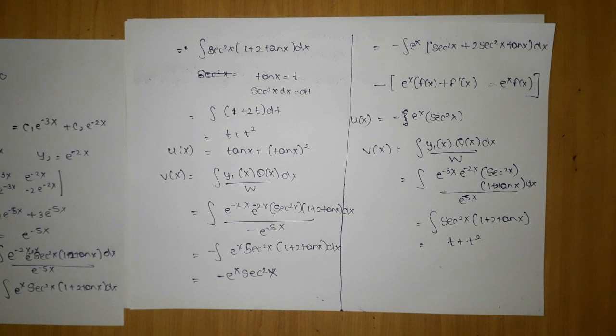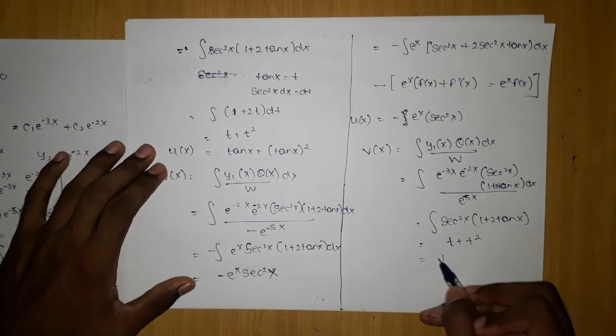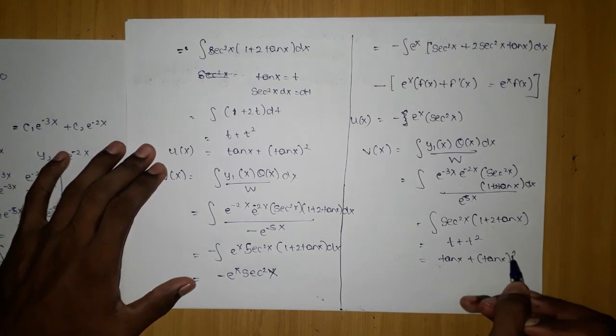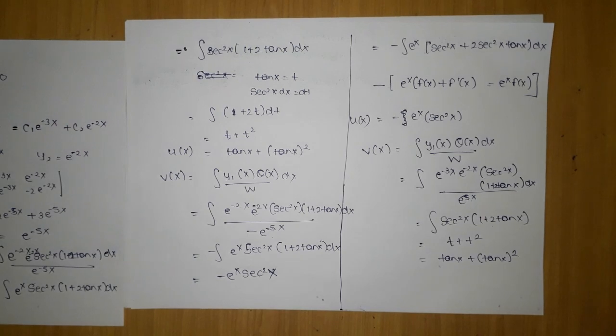Because of this you will get your final answer the same, because here also we are getting the same thing, tan x plus tan x the whole square. Agree? So what we learn from here is that our u of x becomes v of x, and v of x becomes u of x, and y1 and y2 are interchanged, so the particular integral answer comes out the same.